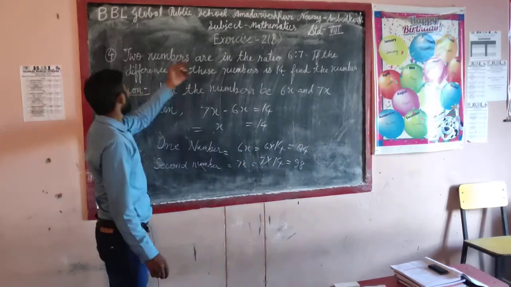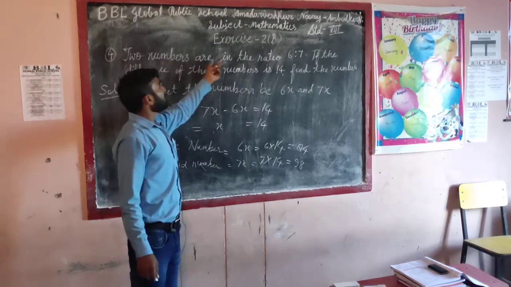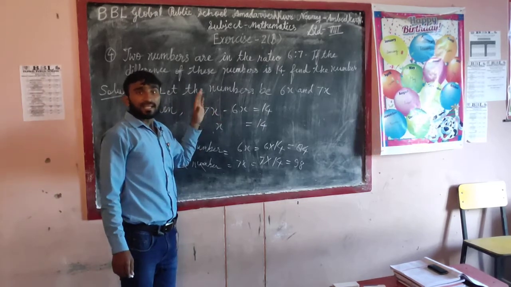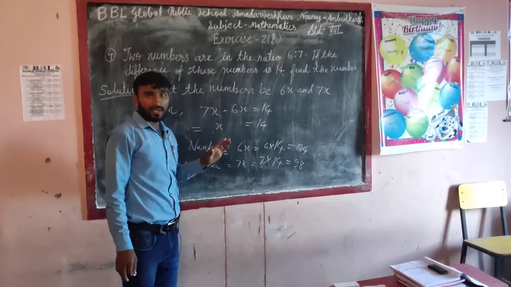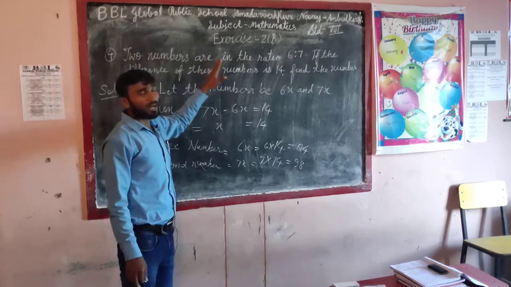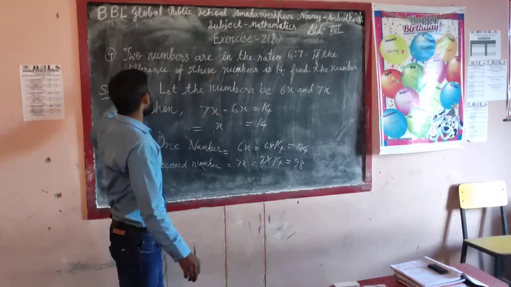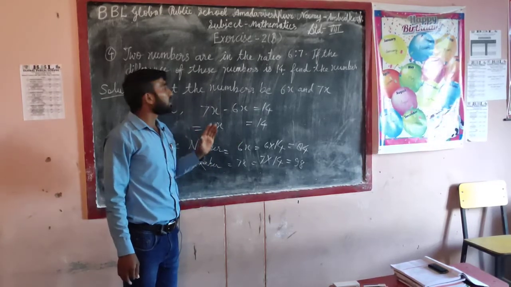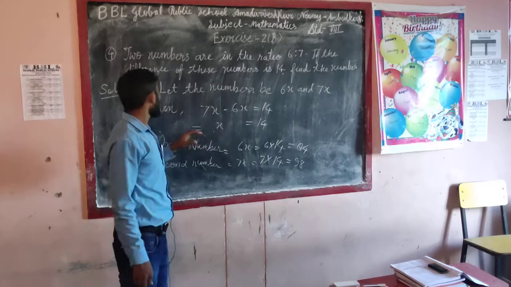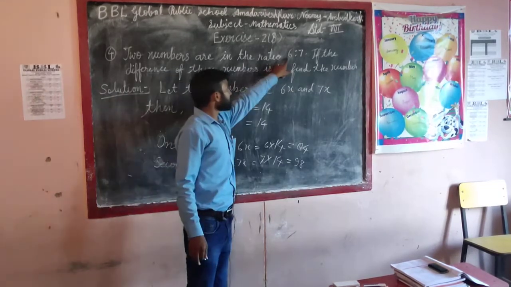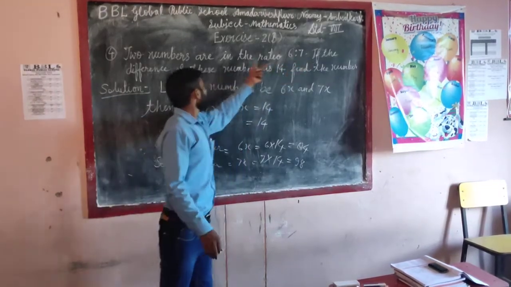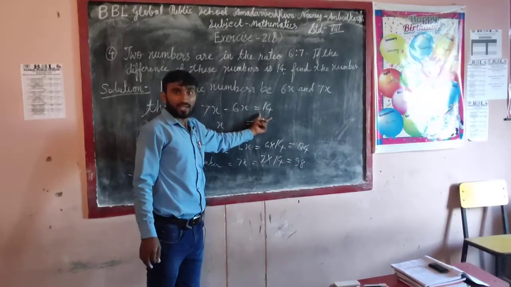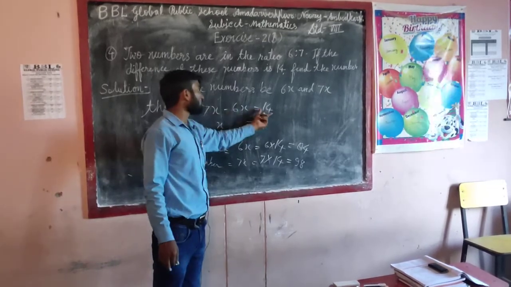I repeat. Two numbers are in the ratio 6:7. दो संख्याएं 6:7 के अनुपात में हैं. If the difference of these numbers is 14, अगर उन संख्याओं का अंतर 14 है, find the numbers. Let the numbers be 6x and 7x and their difference is 14. That means 7x minus 6x is equal to 14.